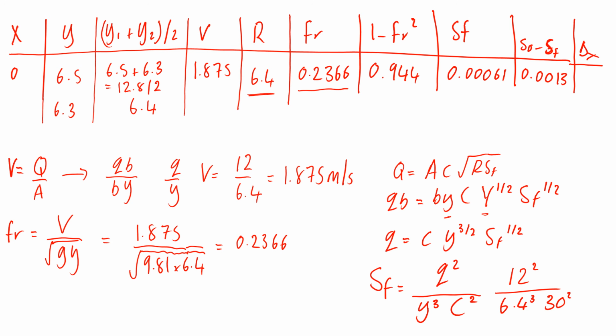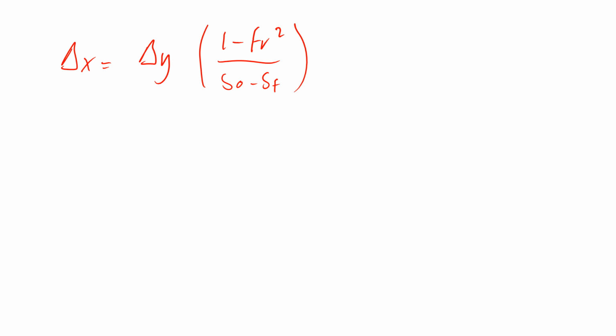And then finally delta x. So delta x is equal to delta y times 1 minus F_r squared over S_0 minus S_f. So delta x is equal to 0.2.